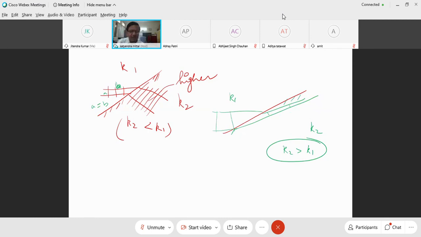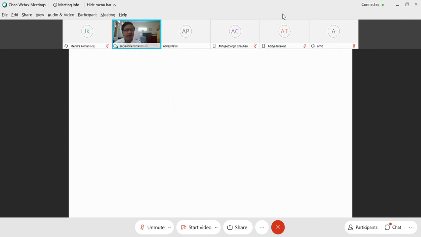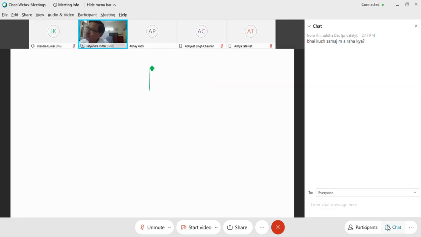Now I said in the beginning that I will be discussing one numerical example of the uplift pressure computation. So let us say this is a dam. It's a very interesting numerical. This is impervious. Now this is the datum level.